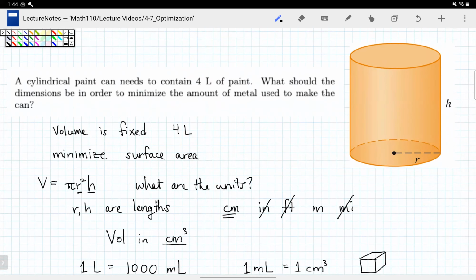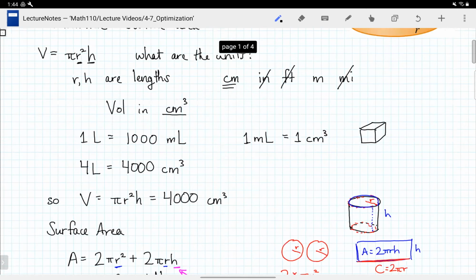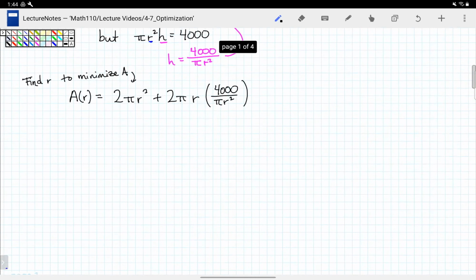So this is the bulk of the work. And now we're going through the motions of, I know how to maximize and minimize a function. I take the derivative and find where the derivative is equal to 0 or where the derivative is undefined.